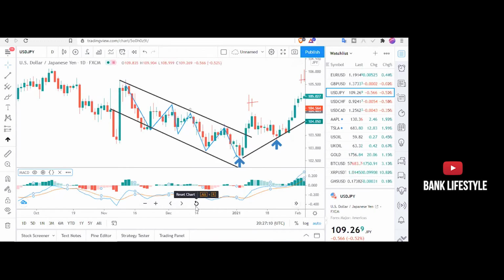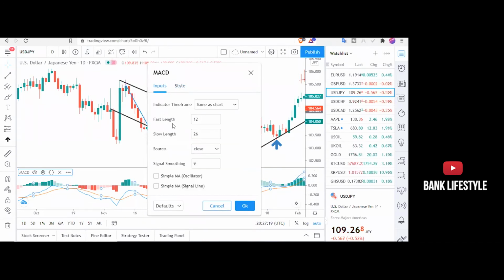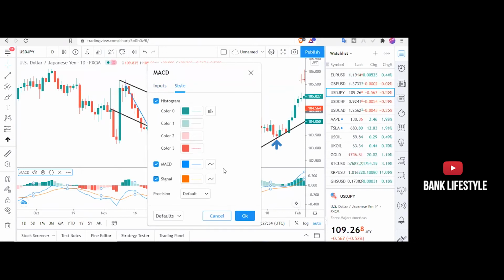So guys, let's go into the settings again and see which one is the fast moving average and the slow moving average. On default, the fast moving average is set to 12 and the slow is set to 26. So which one is the fast and which one is the slow one? Just a second.